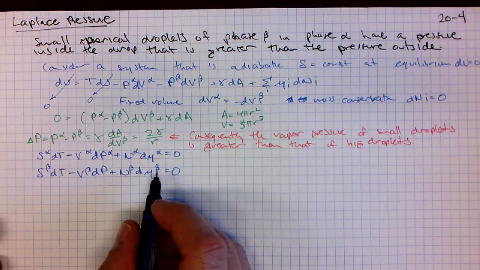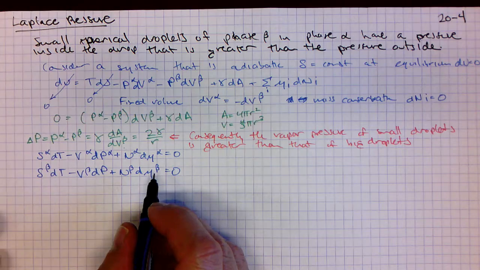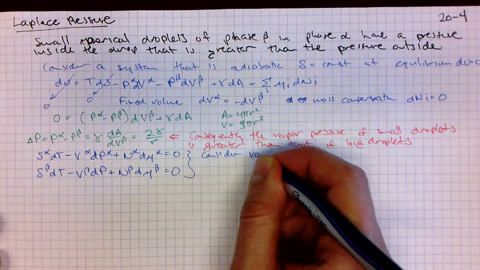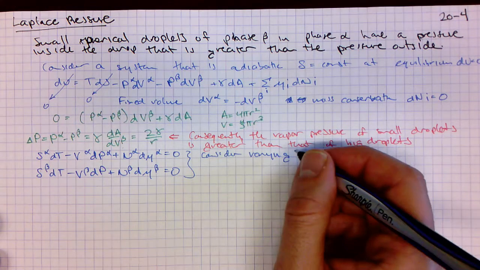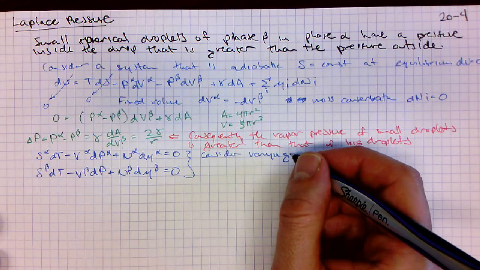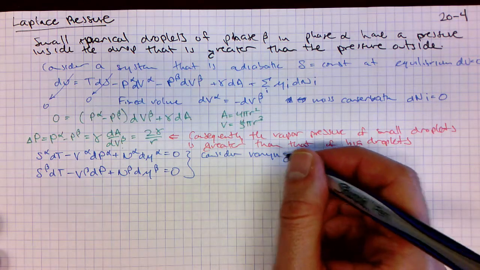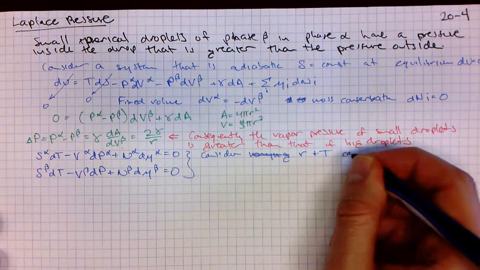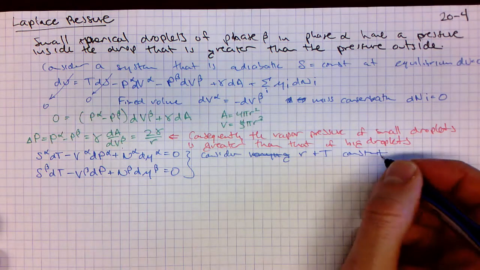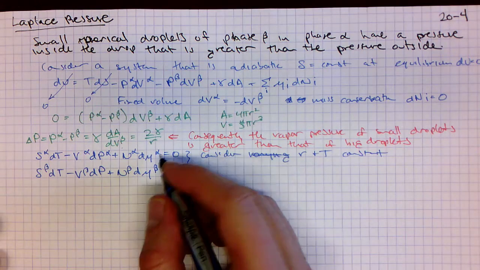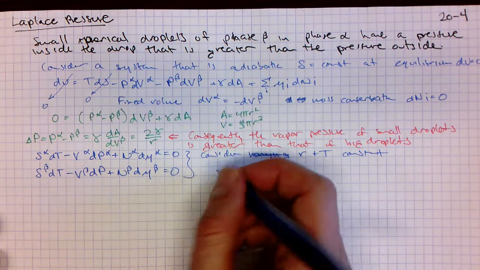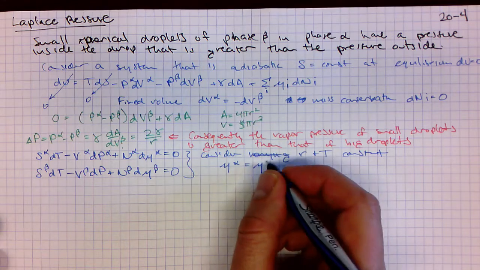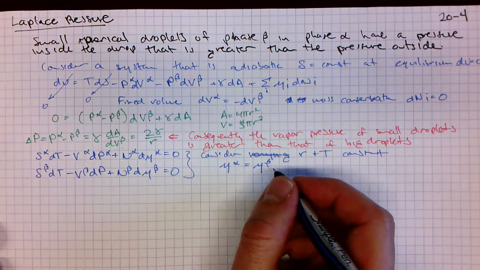And if we consider variation in mu, or consider what happens when the radius and the temperature are constant, we know that because inside and outside the droplet we have to have equilibrium, mu alpha has to equal mu beta.